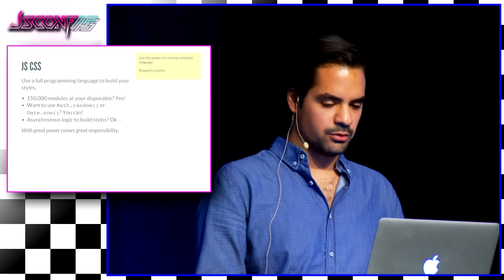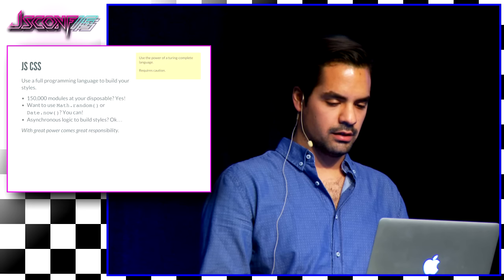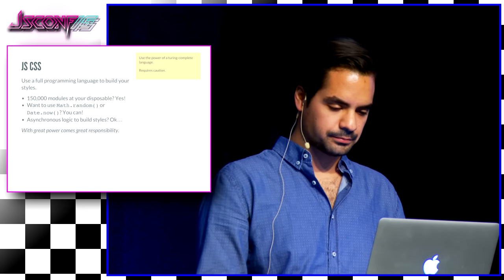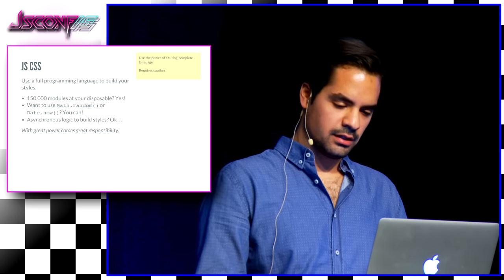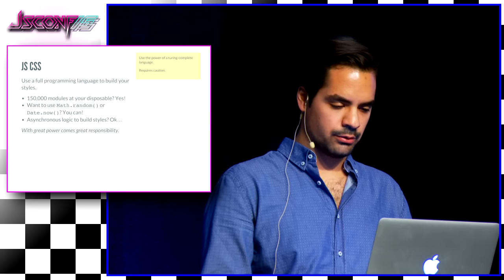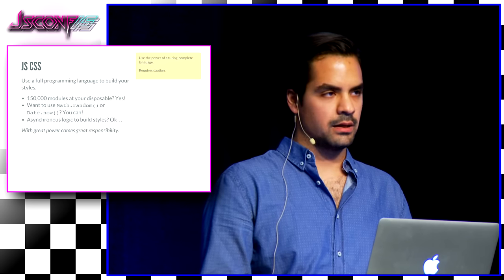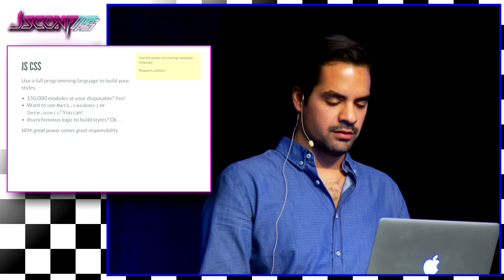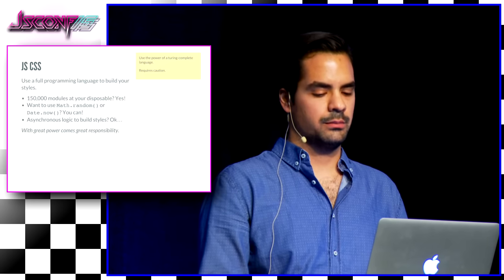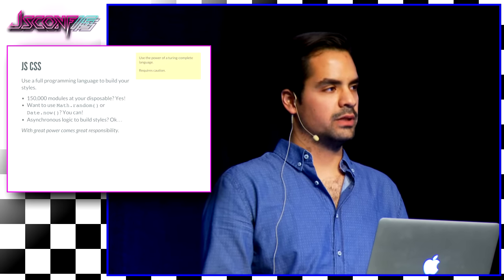So I've shown that there are advantages of using JavaScript to write CSS. By using a Turing-complete programming language to build our styles, we're not limited to what our CSS preprocessor has implemented. We can instead use the full power of JavaScript to implement whatever logic we need.